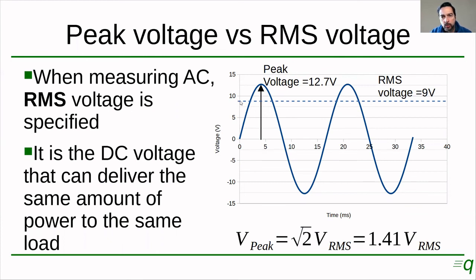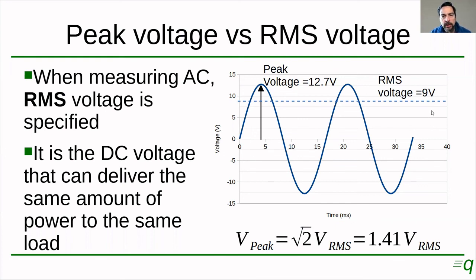So when the AC voltage that we have here can deliver the same power as a DC voltage of 9 volts, we say that this wave has an RMS voltage of 9 volts, okay?